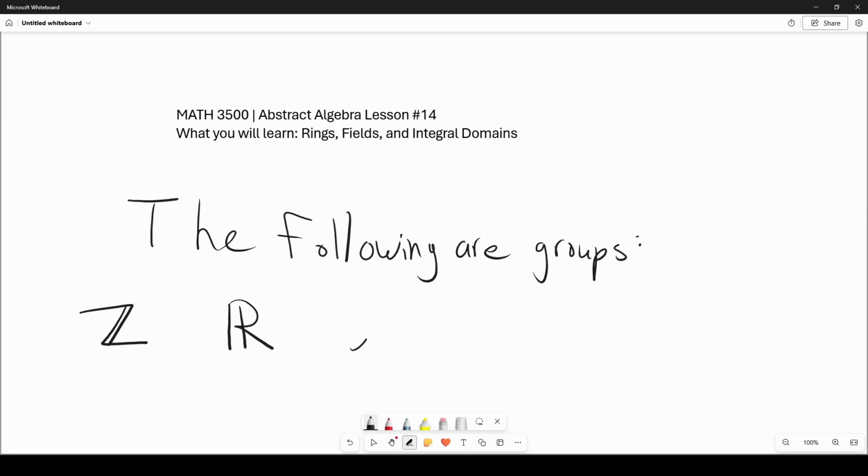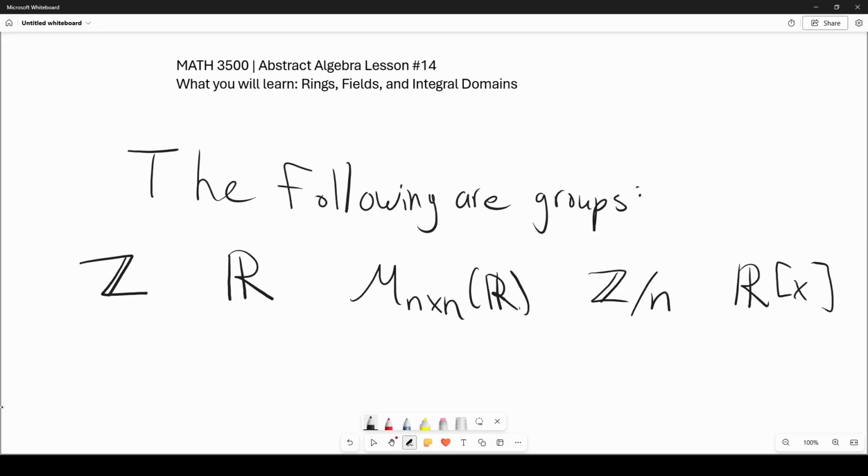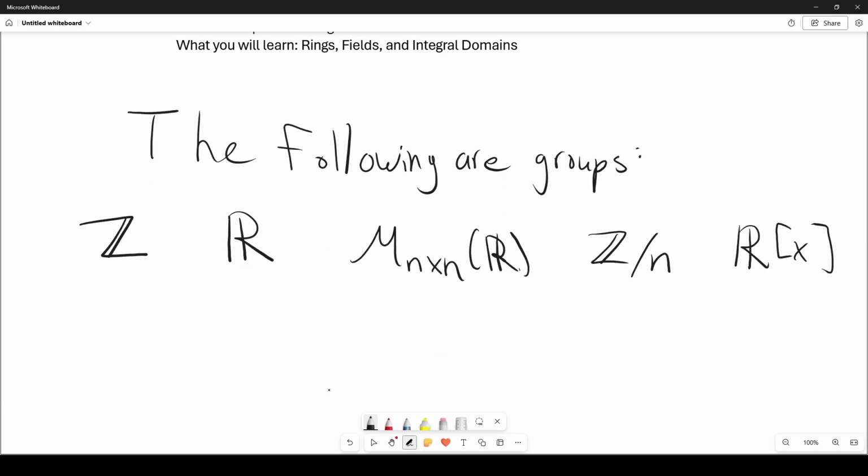We also have maybe n by n matrices with real entries. We have maybe Z mod n. And then also maybe polynomials. And as we've discussed, all of these are groups under addition, right? So you can add and subtract any two integers, add and subtract any real numbers, add and subtract matrices, integers mod n, and polynomials.